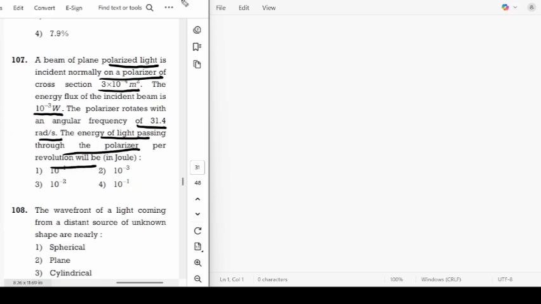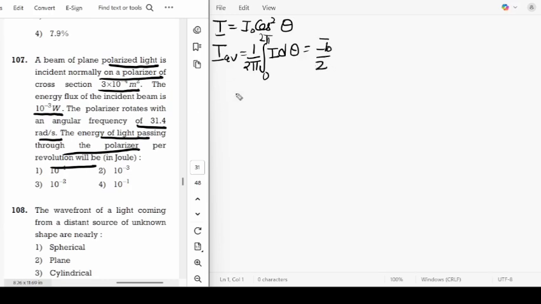So, I is equal to I naught cos square theta. I average is equal to 1 upon 2 pi integration of I d theta from 0 to pi. Firstly we find the value of I naught.